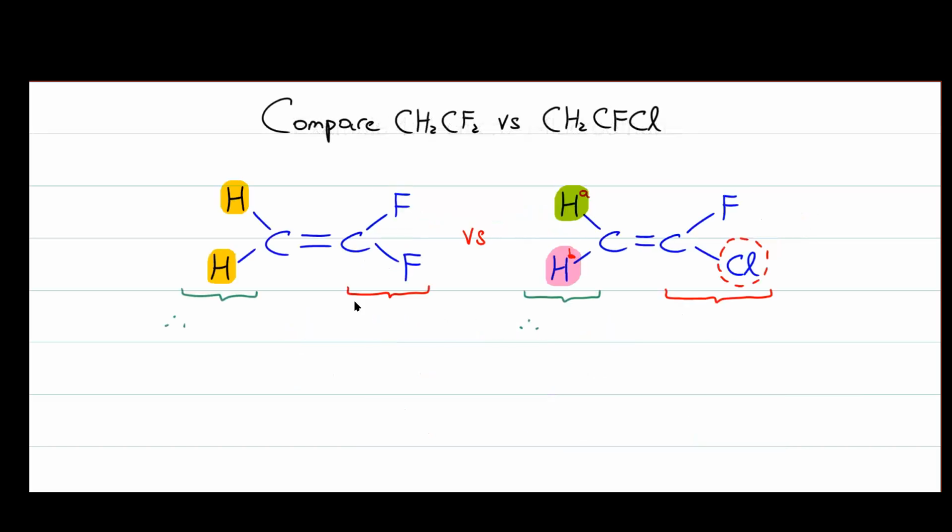Now, let's put 2 molecules side by side. On the left side, we have CH₂=CF₂. On the right side, we have CH₂=CFCl. Under the left molecule, we have 2 identical groups. Under the right molecule, we have 2 different groups on this carbon.